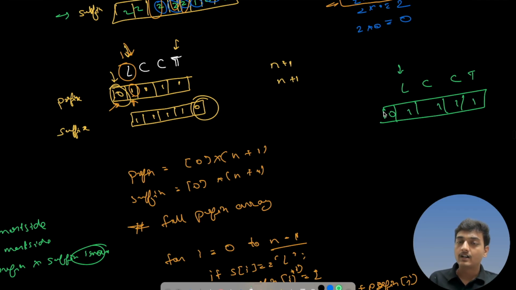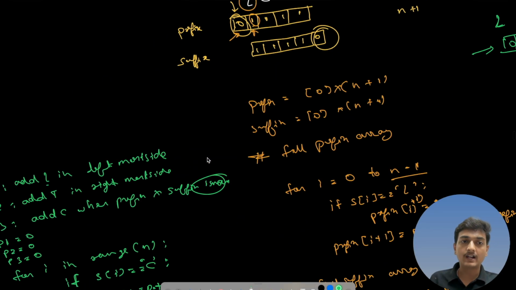Now I'm saying that I will be adding one L here. That's what my plan one is, right? So what I need to do? I can increment all these values by 1, right?